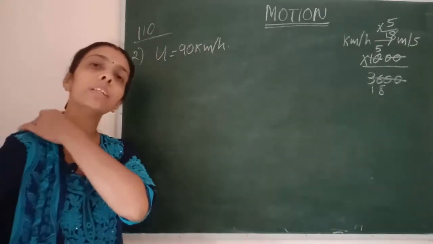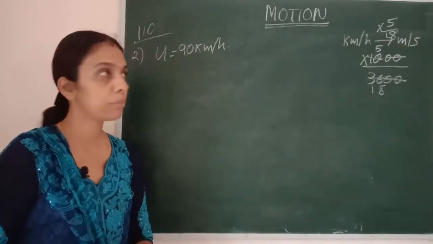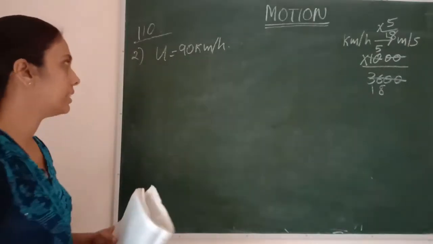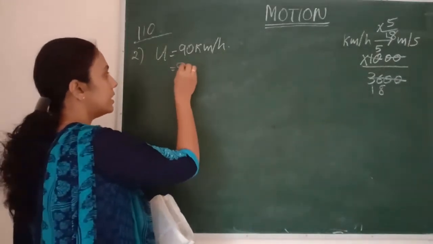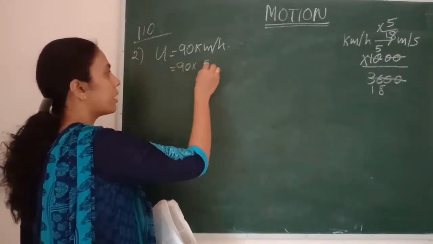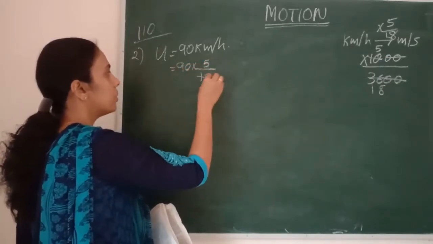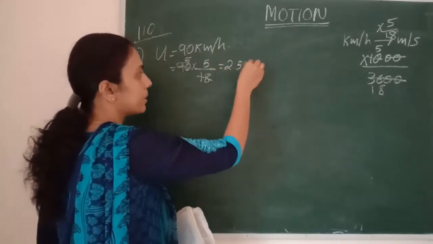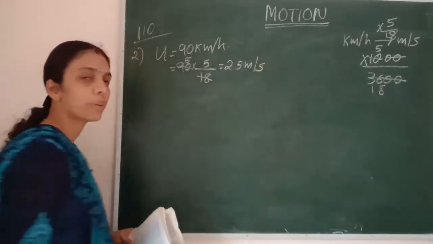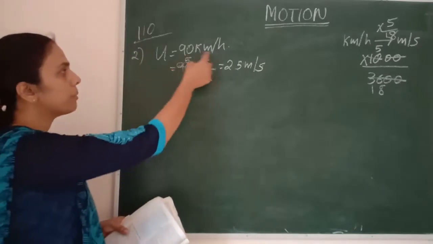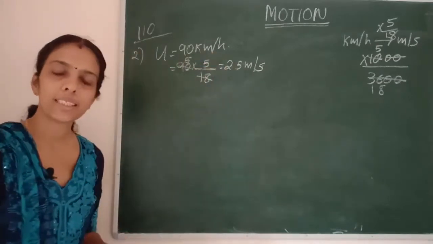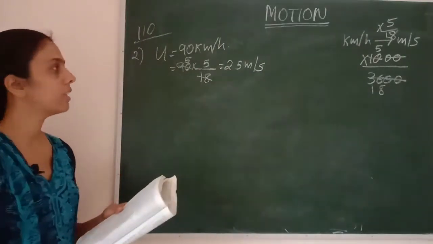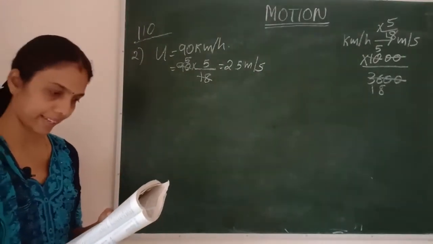To convert kilometer per hour to meter per second, we multiply by 5 by 18. So 90 into 5 by 18, so 5 5s, it is 25 meter per second. This is the conversion from kilometer per hour to meter per second. So U is given as 25 meter per second.